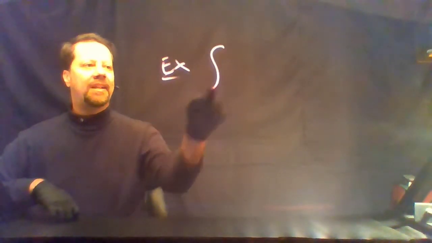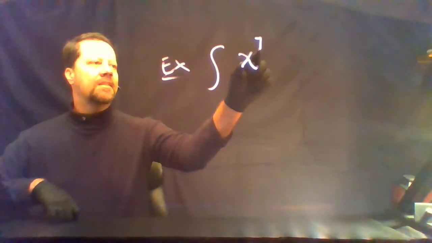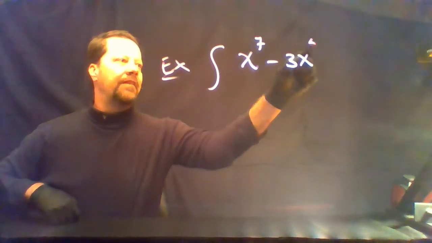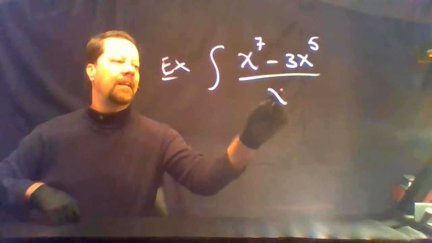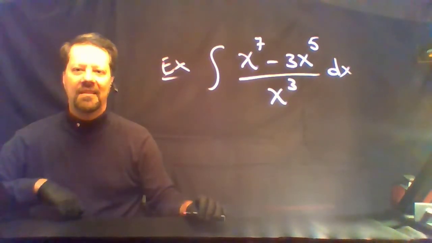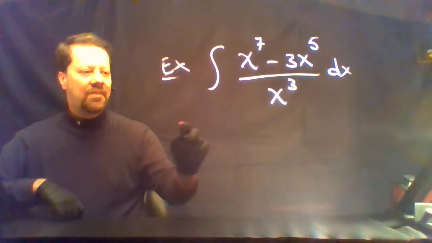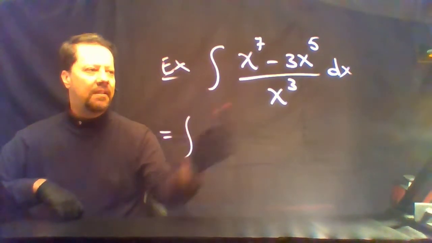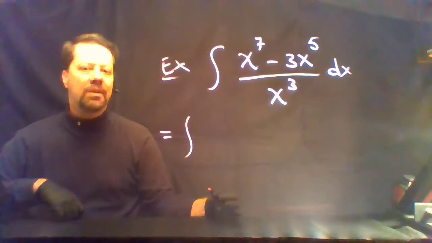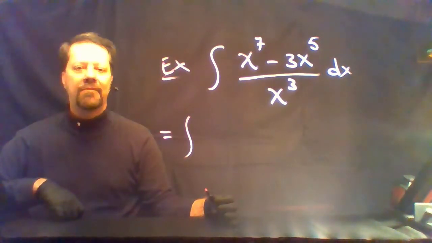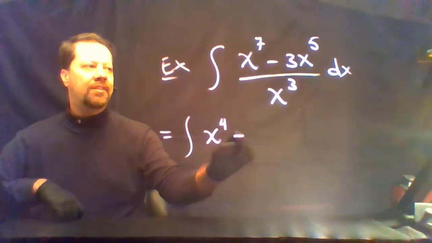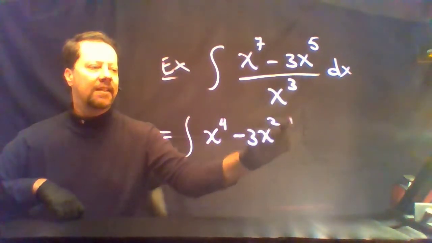Suppose I'm integrating x to the 7th minus 3x to the 5th divided by x cubed. The way to approach this is to divide x cubed into each of the terms in the numerator. Remember to subtract exponents. We'll have x to the 4th minus 3x squared.